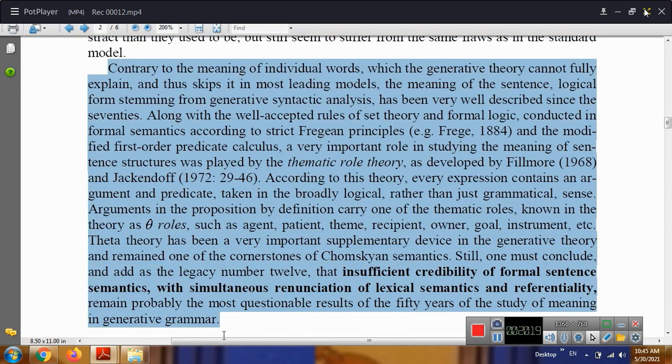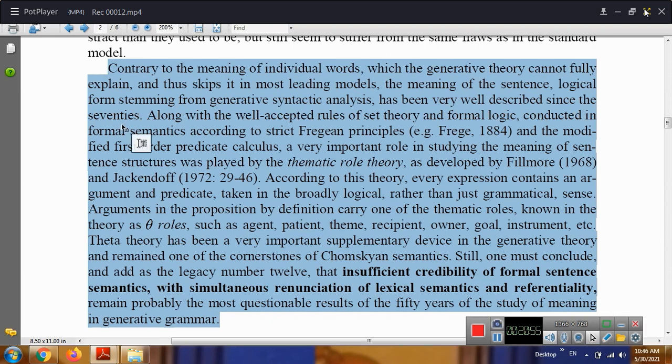First, not all of the details are important, just those details which we define and focus on. Contrary to the meaning of individual words, which the generative theory cannot fully explain and thus skips in most leading models, the meaning of the sentence, logical form stemming from generative syntactic analysis, has been very well described since the 70s.